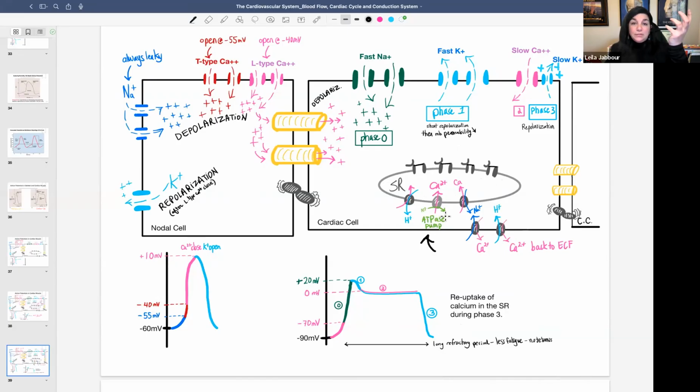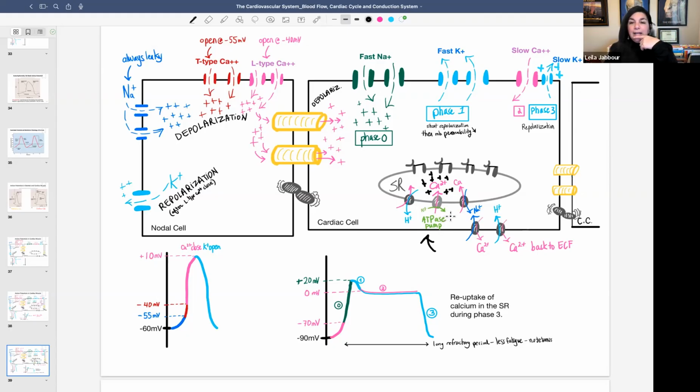So a pump is for active transport with the breakdown of ATP for the energy to pump this calcium against its gradient, because now it's accumulating in the SR and it's very concentrated and we keep adding more in there. So we need a pump to push those guys back in.